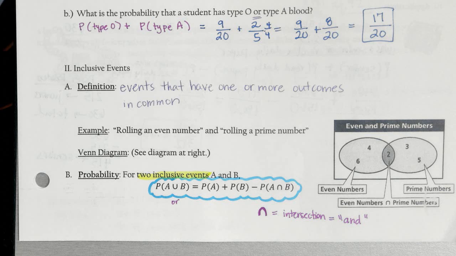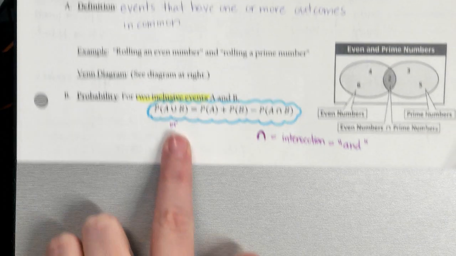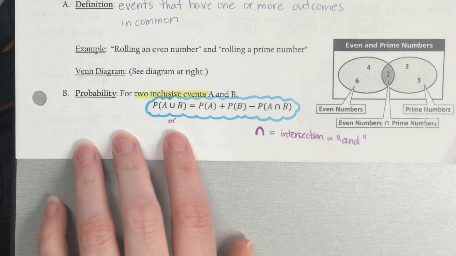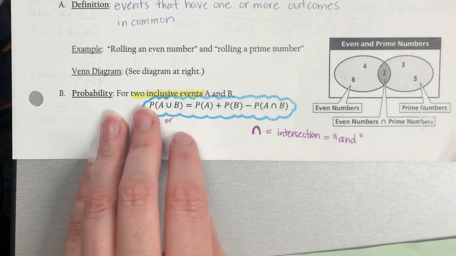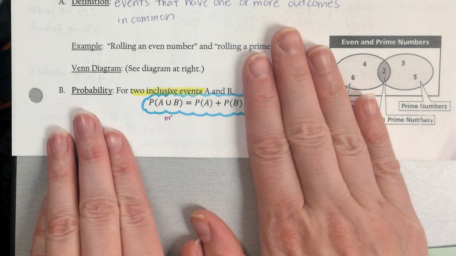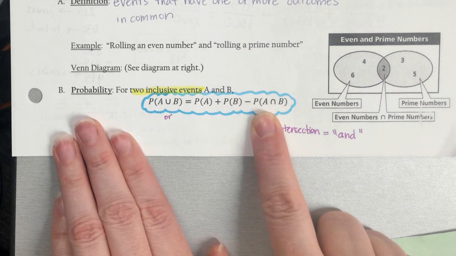again you have this union symbol that means or. So the probability of A or B happening is you take the probability of A, add it to the probability of B, which is the same exact thing that we did above, but now you have to minus that overlap.